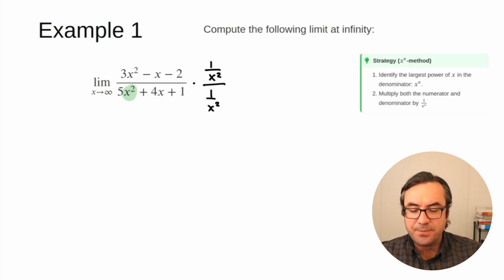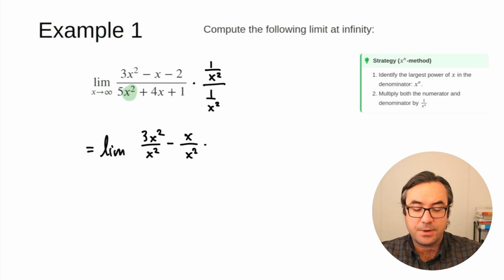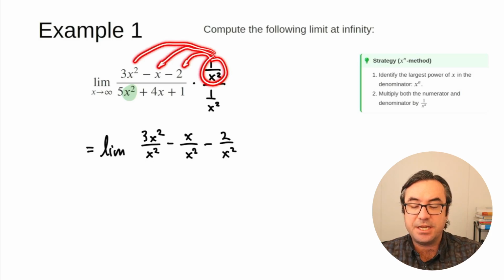And so if we distribute this, we're going to take this 1 over x squared and distribute it to each term in our numerator. So we end up with 3 over x squared divided by x squared minus x divided by x squared minus 2 divided by x squared. All I've done is taken this and distributed it to each term.